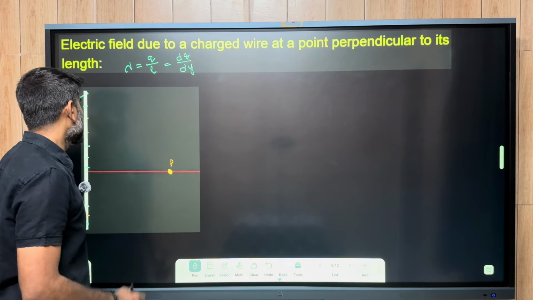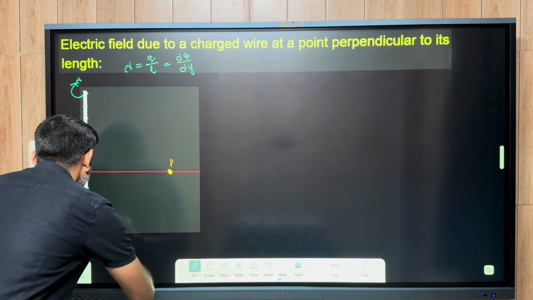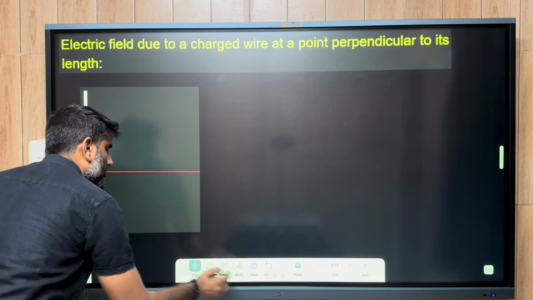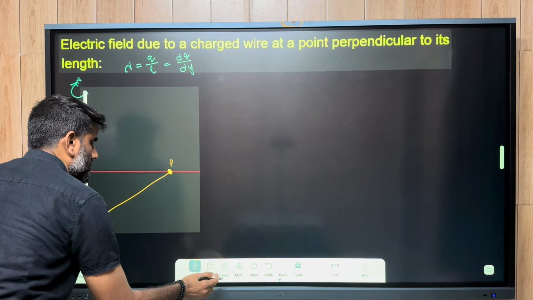Now the rod extends at different angles to its different edges.